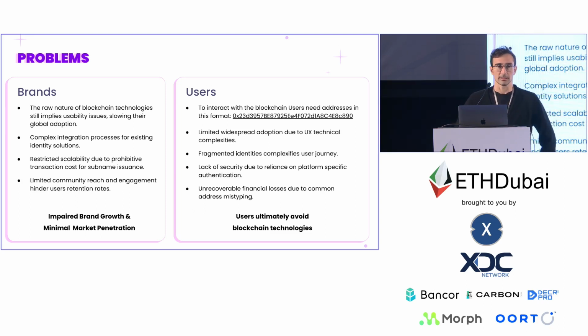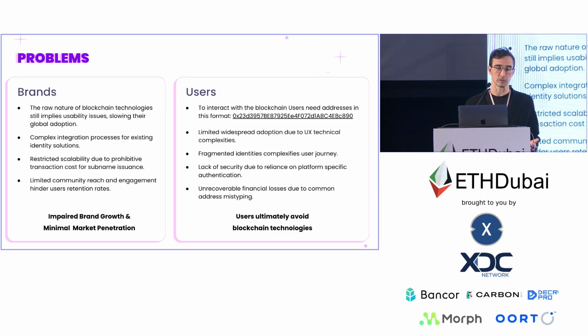The way we do that is that instead of using L2 solutions, we use CCIP read from Chainlink and do off-chain resolutions. This allows us to sell the idea that free is much better than cheap, especially for the day where you have massive amounts of users.